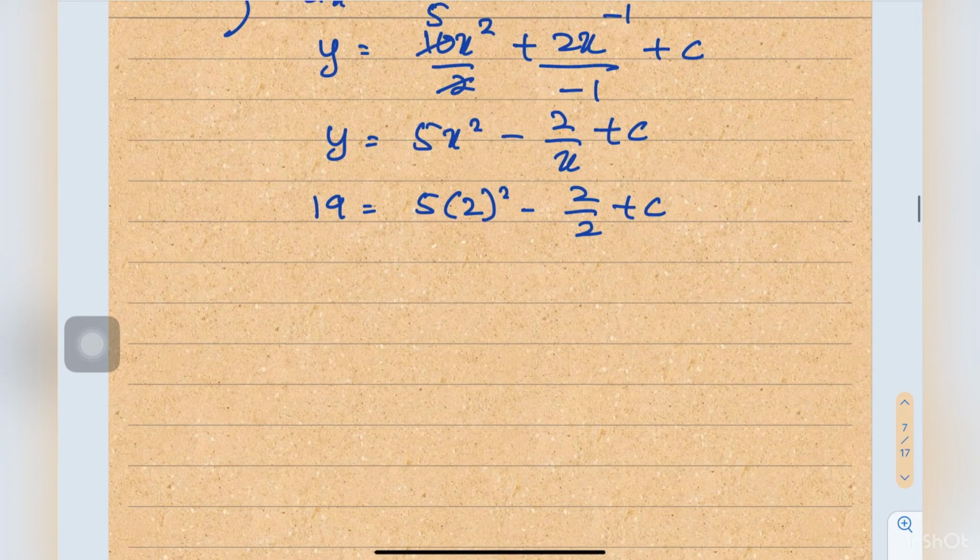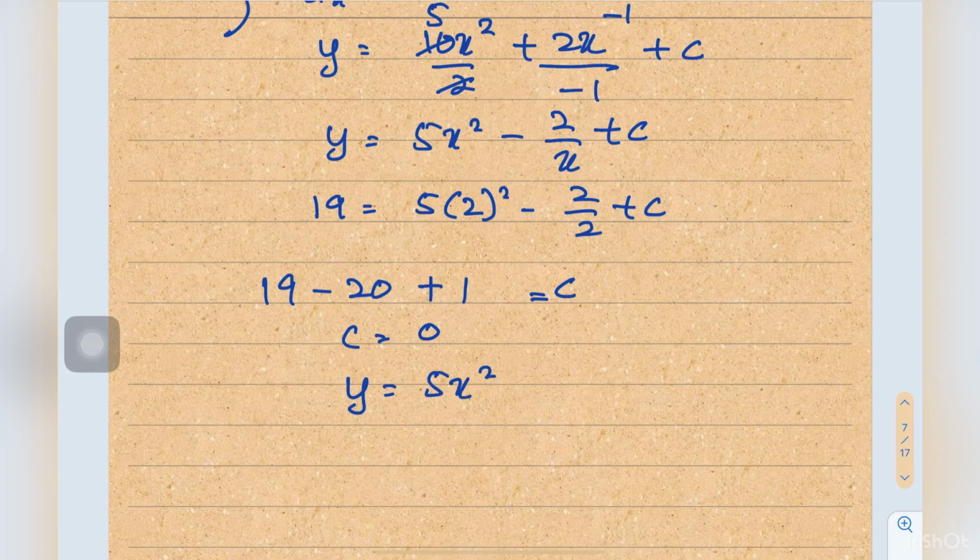So c equals 19 minus 20 plus 1, so c equals 0. So c is 0. Therefore, the equation is y equals 5x squared minus 2 over x.